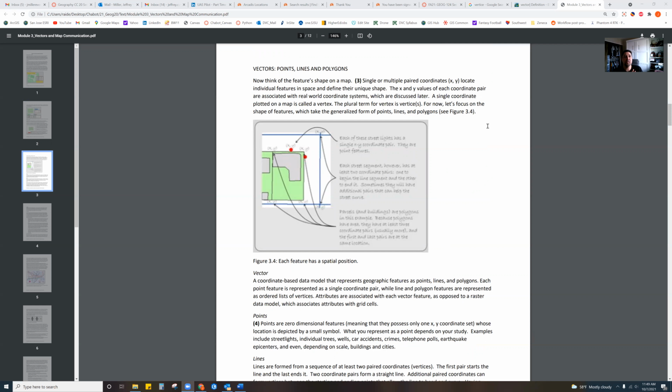Raster data is, to kind of summarize, your aerial photography or some type of 3-dimensional representation of topography or something like this, right?